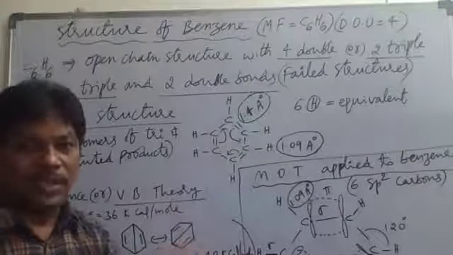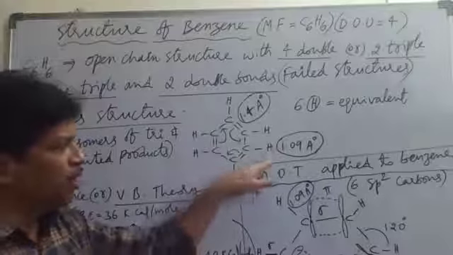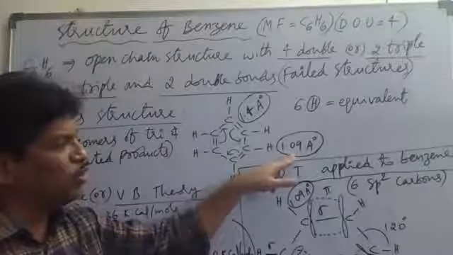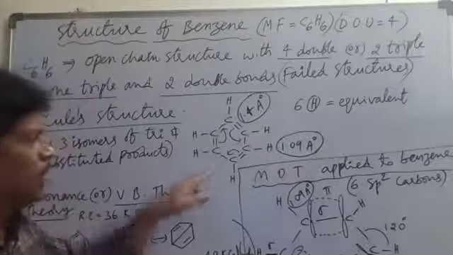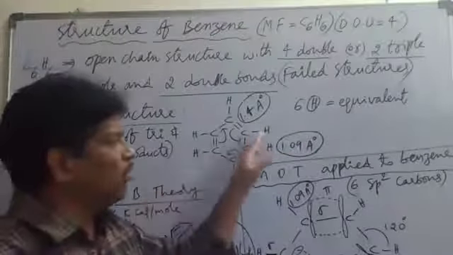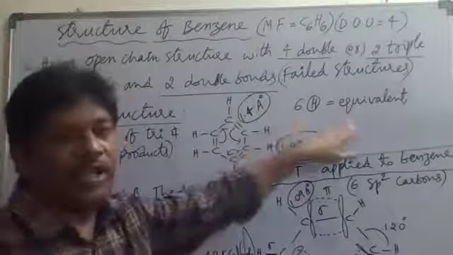Carbon center to carbon center, the distance is 1.4 angstroms. And the CH bond length is observed to be 1.09 angstroms. So that is Kekule's structure. According to Kekule's structure, the 6 hydrogen atoms present in benzene are equivalent.